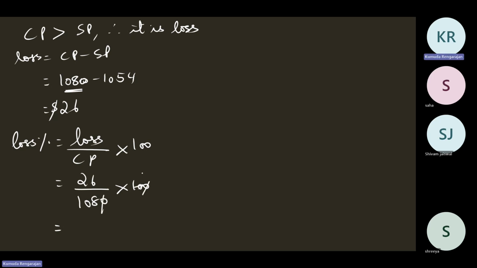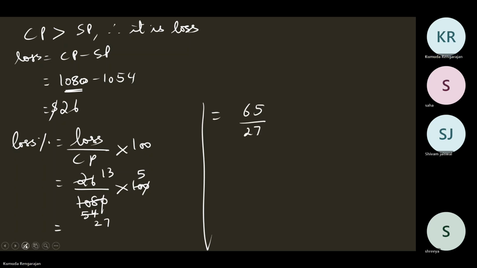It comes to 130 by 54, which is 65 by 27. Which is, I did it with the calculator, 2.407%.